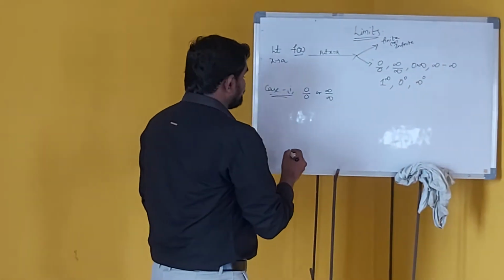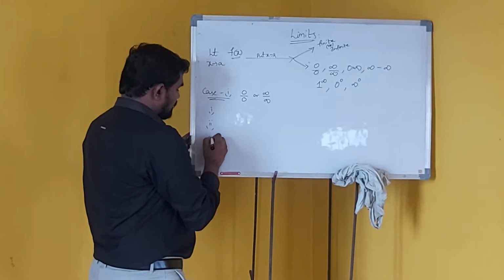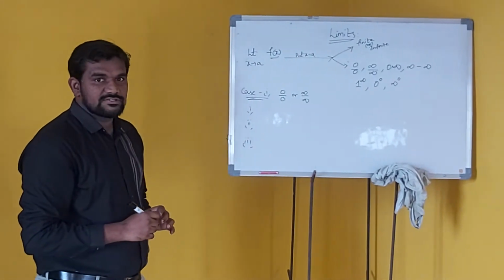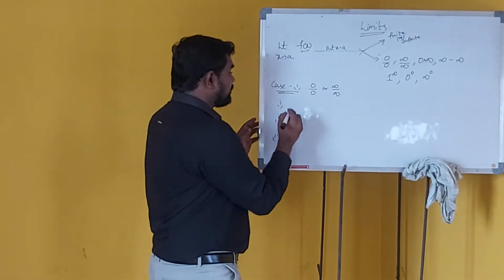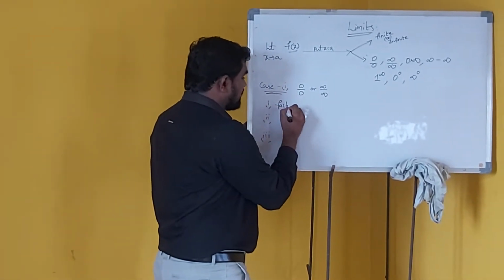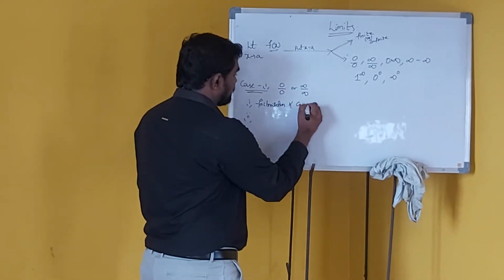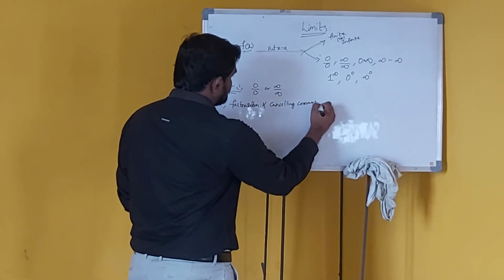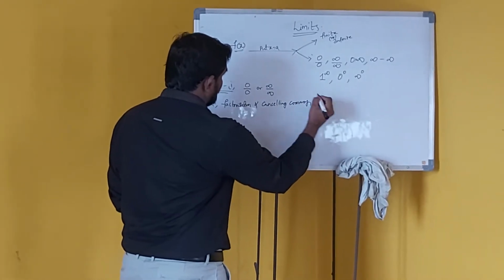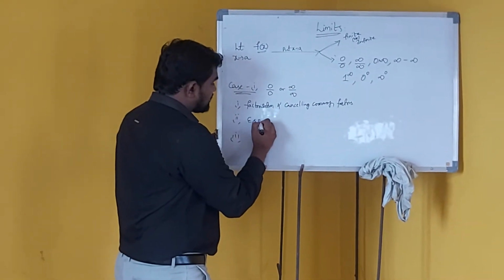A very small thing here. We have 3 methods to get rid of these indeterminate forms. The first one is factorization and cancelling common factors. The second is expansions.